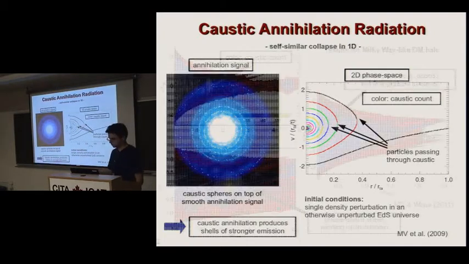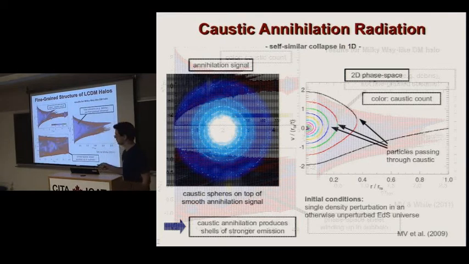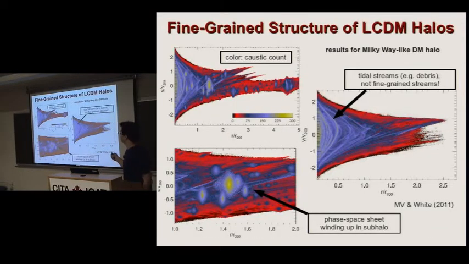Now the question is what happens if you do this in full Lambda CDM. For that, we took one of the various halos and ran it again with these additions to the code. And this is again phase-space diagrams, and now the color shows how often particles pass through caustics. You can see all this substructure which just pops out in the phase-space diagram.